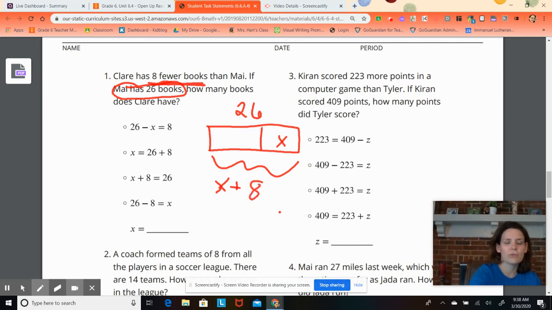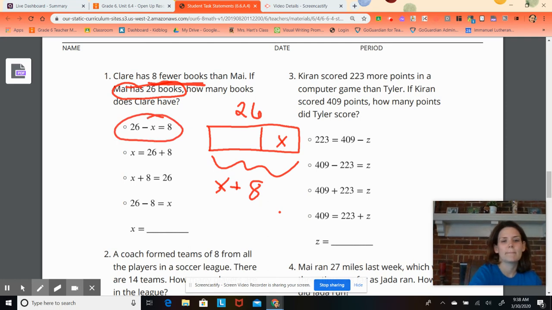So going through to look at these, I have to think, okay, which of these equations will work? Okay. So if I take 26 and subtract the number of books that Clare has, would that be 8? I think that will work.